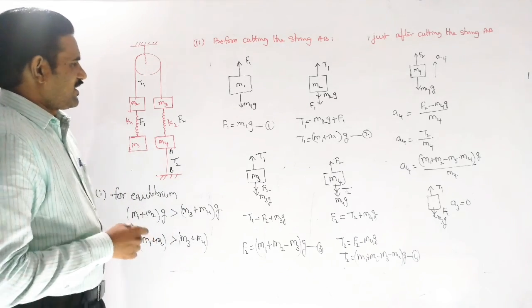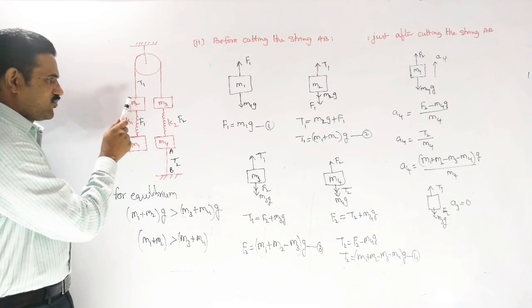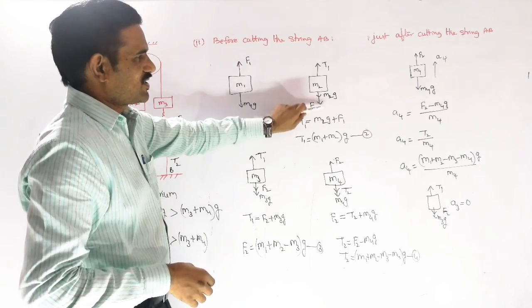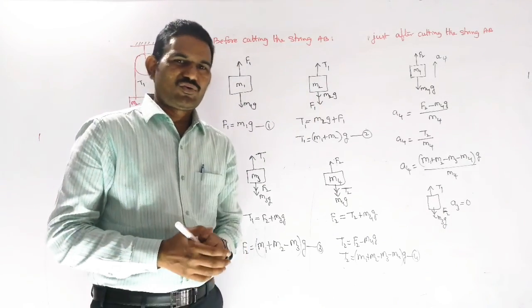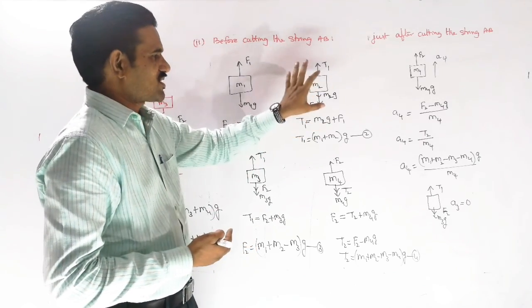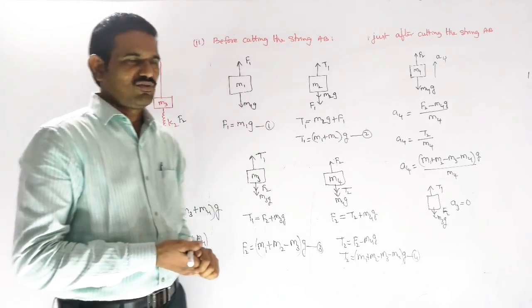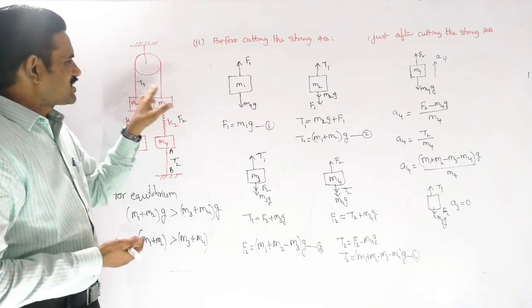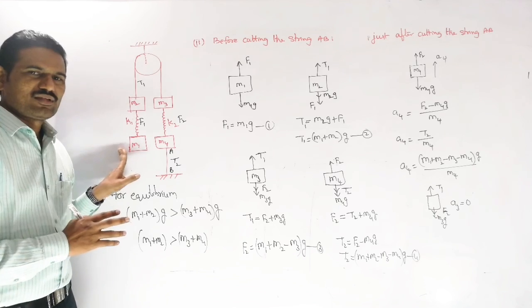And then the forces acting on this block will remain the same, the axial force acting on this block also will remain the same. T2 is in the upward direction, F1 is in the downward direction, and M2G will be in the downward direction, so the acceleration of that block also remains the same. That means the force acting on this block also remains the same, and so the block still remains in equilibrium. And the same for this block also. That means the remaining 3 blocks will remain in the same state as before cutting, right?